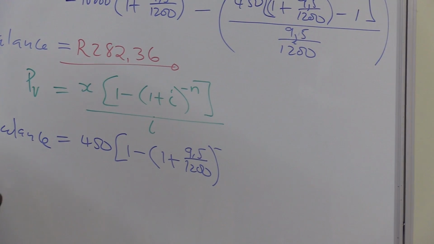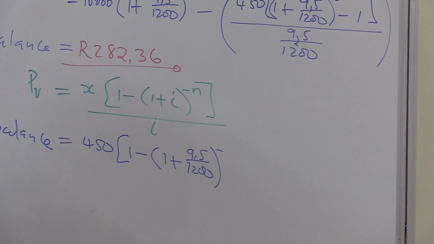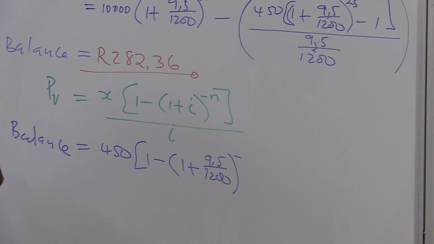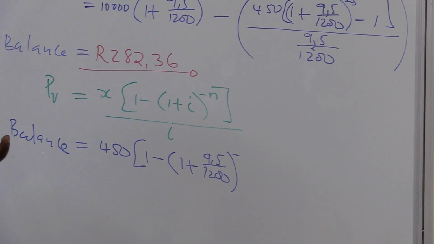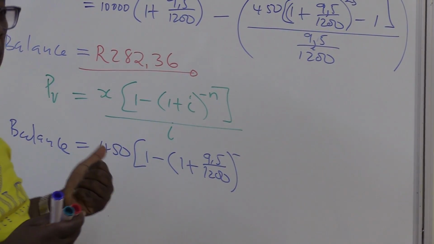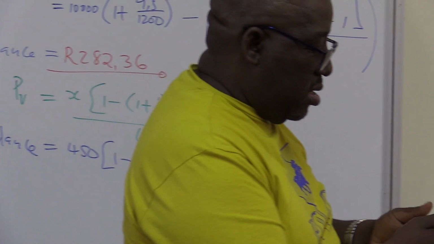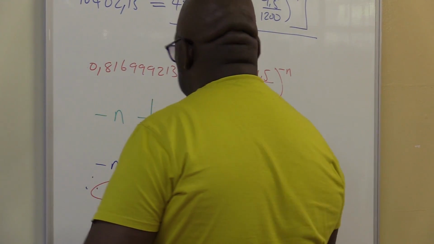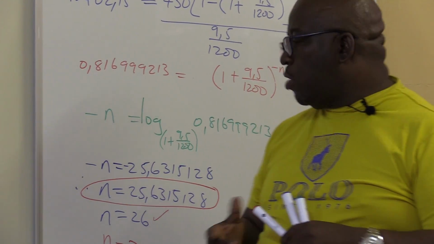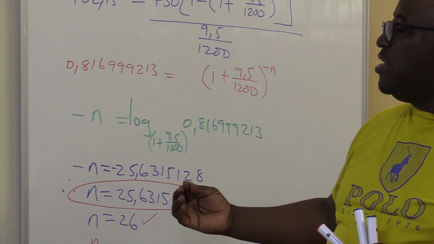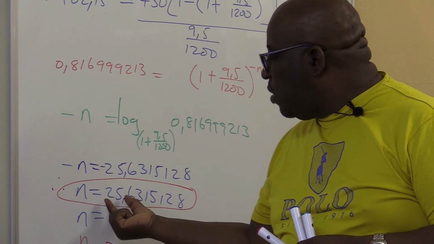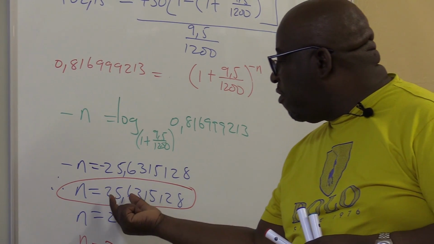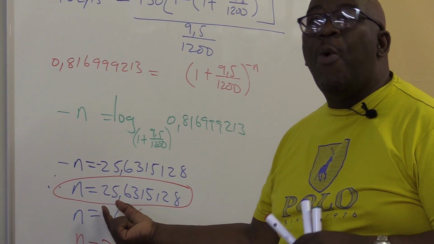Now there comes the trick. What is my n? I want us to go that side and look at the n that we got, because it's the n that you must write here. If we go this side, this is the n that we got. But we're not looking for the whole n. We want to find the n after making 25 payments. Once you make 25 payments, what is left over? What is the balance?